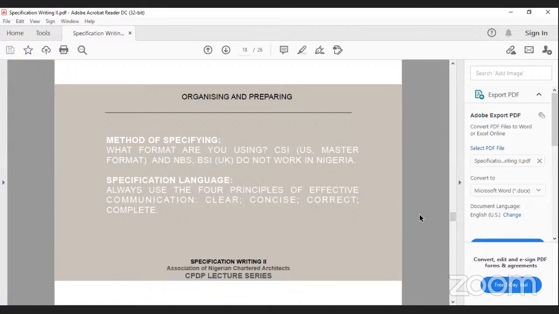So in Nigeria, it will be individuals or a collective of individuals that come together and agree on the style of specification writing. I want to throw a challenge to Anchor. As a professional body, you might decide to build up a style of specification writing so that all your members use that style.